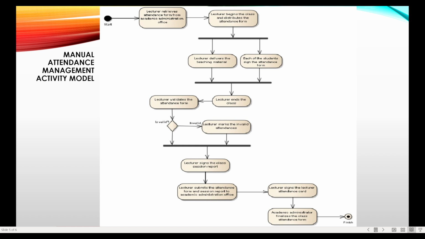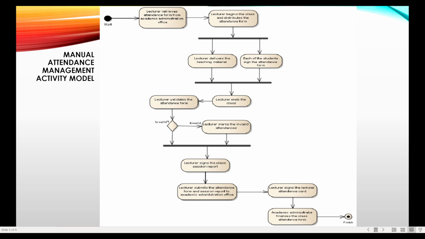He distributes the attendance form, and then the lecturer delivers the teaching material. Each of the students signs the attendance form. So it's a whole work. Then the lecturer validates the attendance form. The lecturer ends the class, and after validating, checks if it is valid, or if it is not valid, the lecturer marks the invalid attendance, and then signs the class session report.